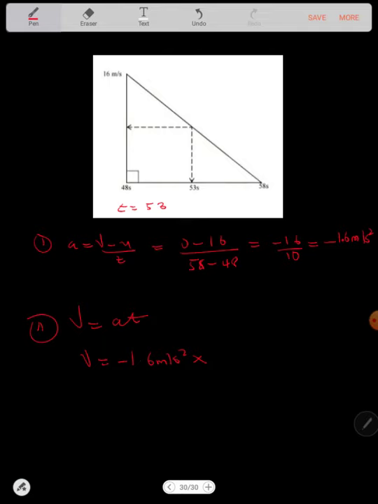The time we are going to get here is the difference between 53 and 48. This will be negative 1.6 times 5. Velocity here will be negative 8 meters per second. Why are we getting negative 8? Because we took acceleration as negative. Therefore, the velocity is 8 meters per second.